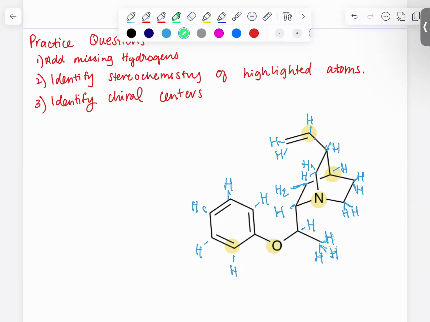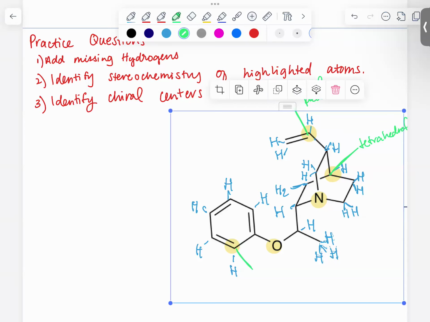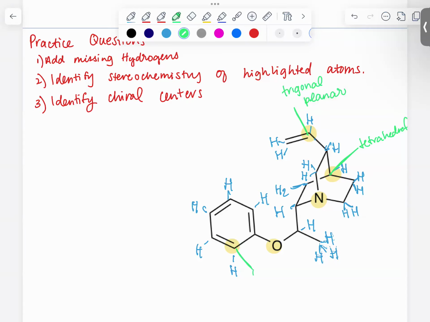What do we think about stereochemistry of the highlighted atom? What's this one? Trigonal planar. What's this one? Trigonal planar.